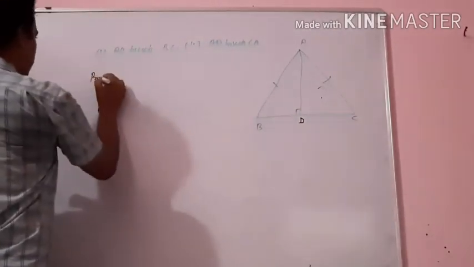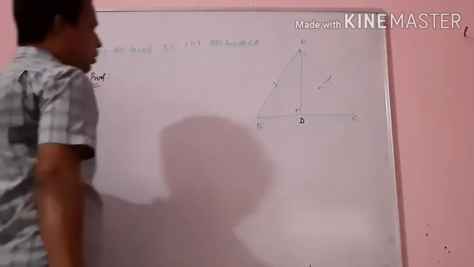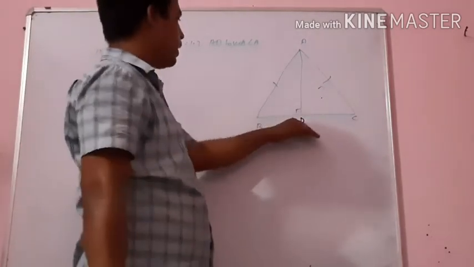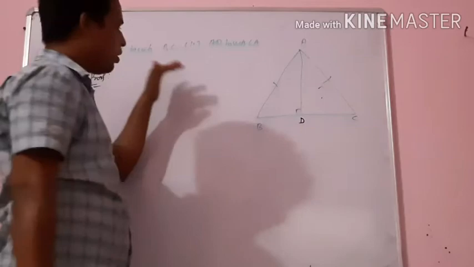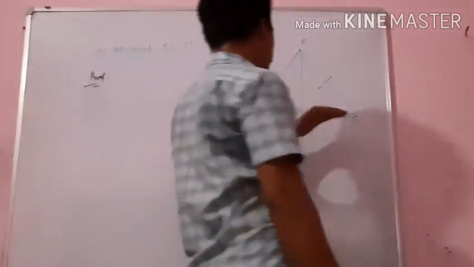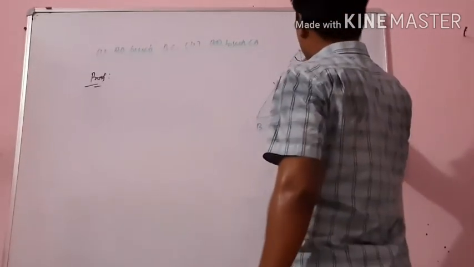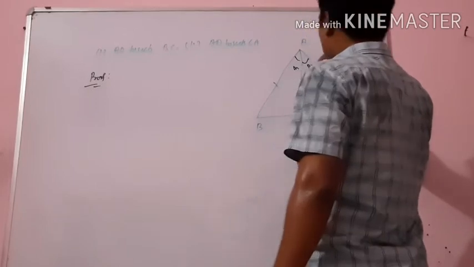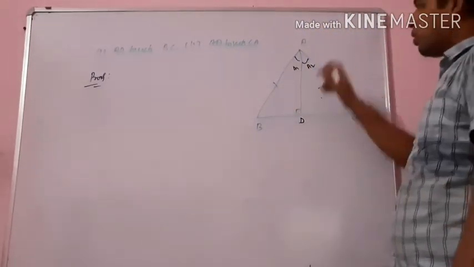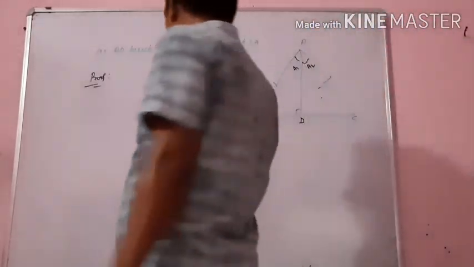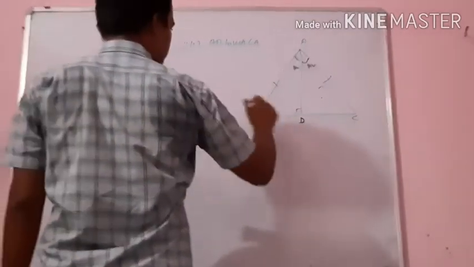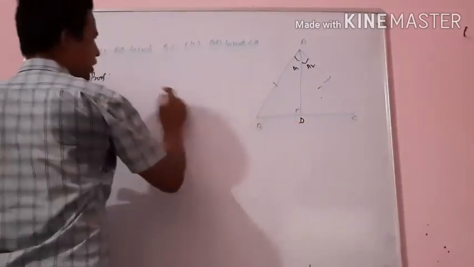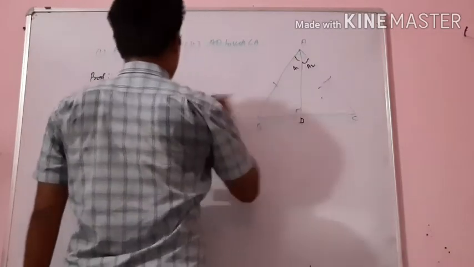So what we have to prove: first part, BD equals CD, and for the second part consider A1 and A2, we have to prove that angle A1 equals A2. Now consider triangle ABD and triangle ADC.